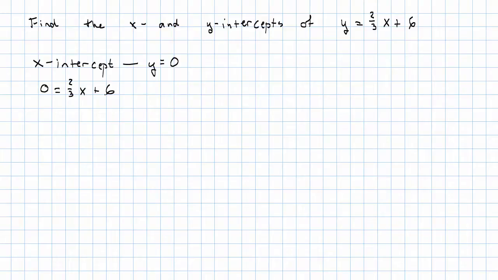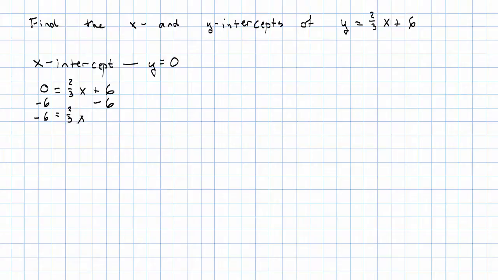Now we need to solve for x. We'll subtract 6 from both sides. We'll get negative 6 equals 2/3 x.